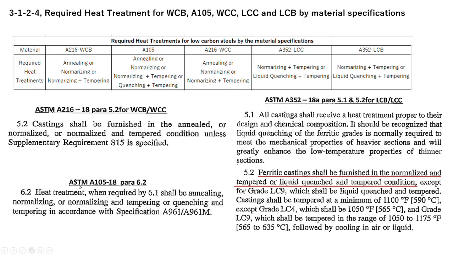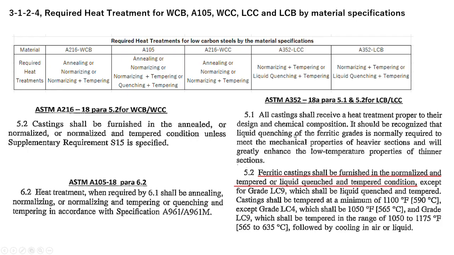ASTM A105 heat treatment, when required by 6.1, shall be annealing, normalizing and tempering, or quenching and tempering. Then ASTM A352 for LCB casting and LCC casting. Two sections were indicated. 5.1: all castings shall receive a heat treatment proper to their design and chemical composition.